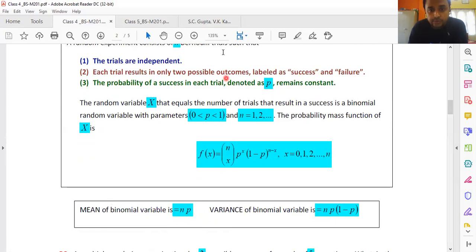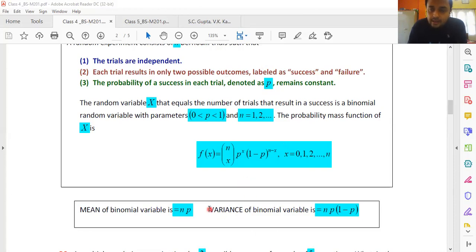If the value of small n and the value of small p are there, the mean of the binomial variable will be np. So in our above case, since n is equal to 4 and p equals 0.1, your mean will be 0.4.